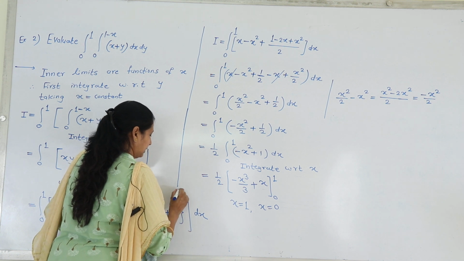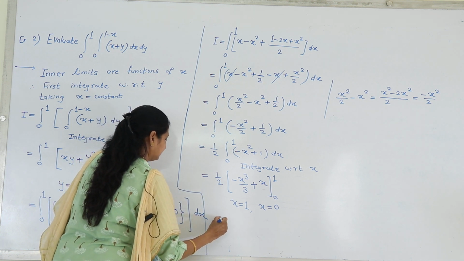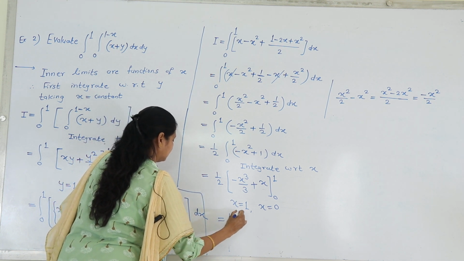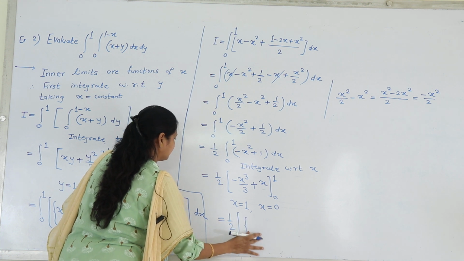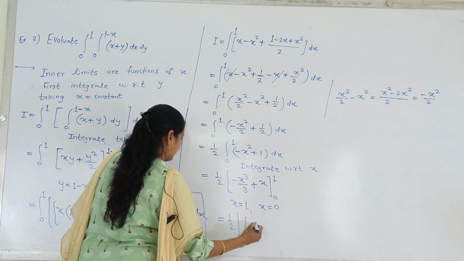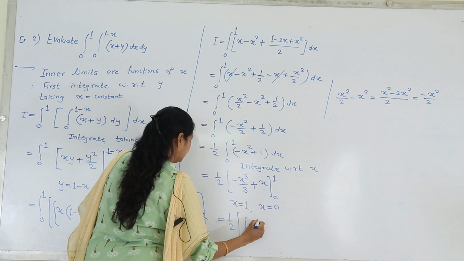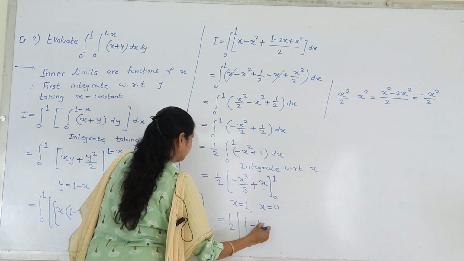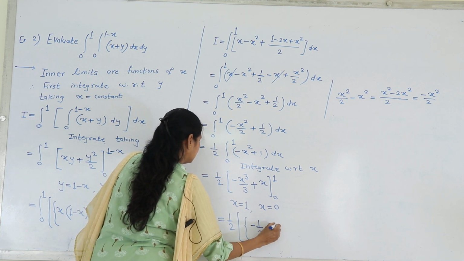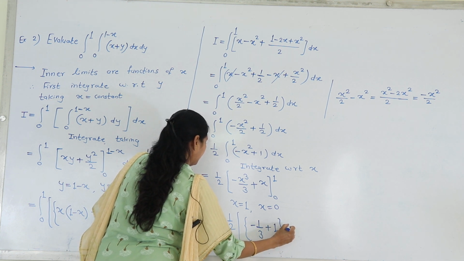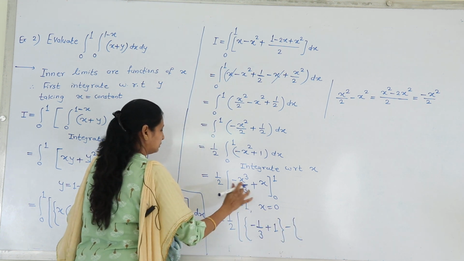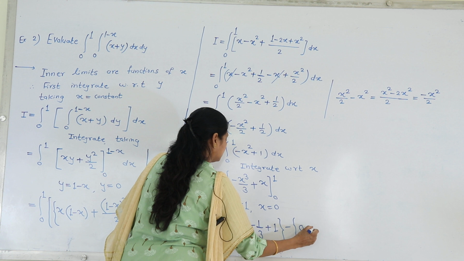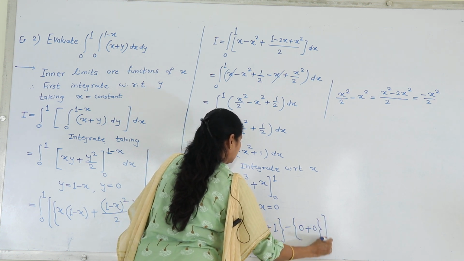X is equal to 1 upper limit and x is equal to 0 lower limit. Is 1/2, value of x is 1, so minus 1 cube is 1, that is 1 by 3. Value of x is 1, that is plus 1, minus lower limit, x is equal to 0. Next value is also 0.